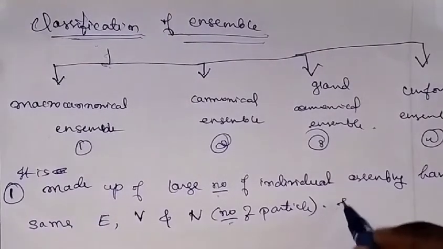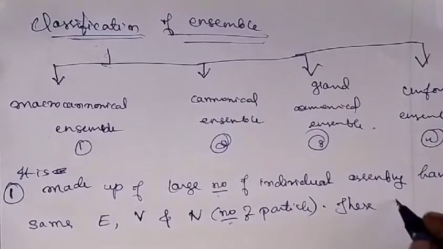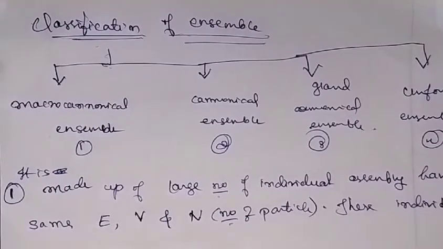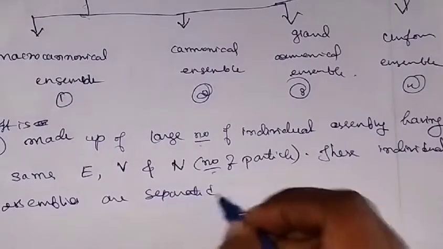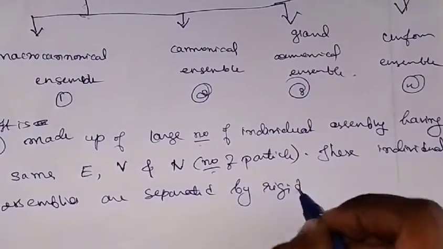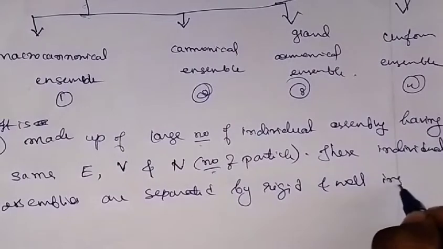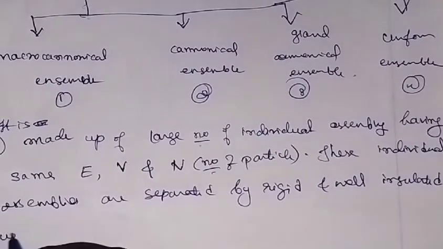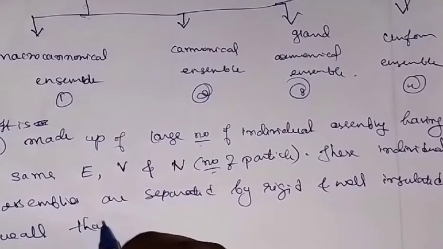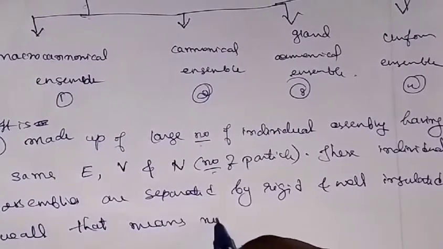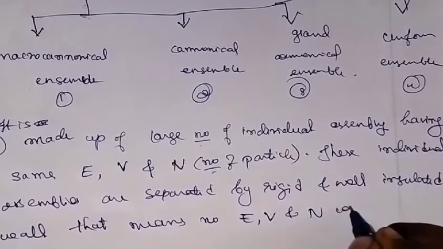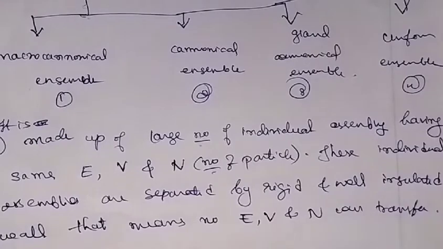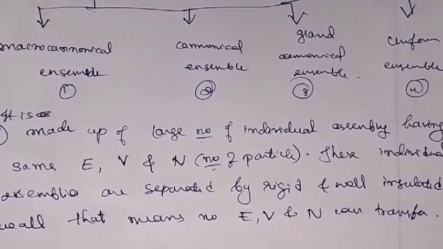These individual assemblies are separated by rigid and well insulated walls, which means no energy, volume or N can transfer. This is the proper definition of the microcanonical ensemble.